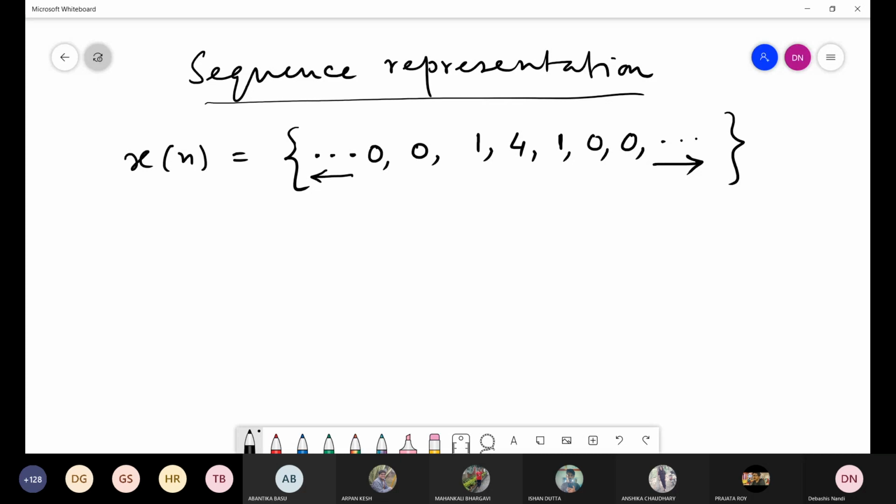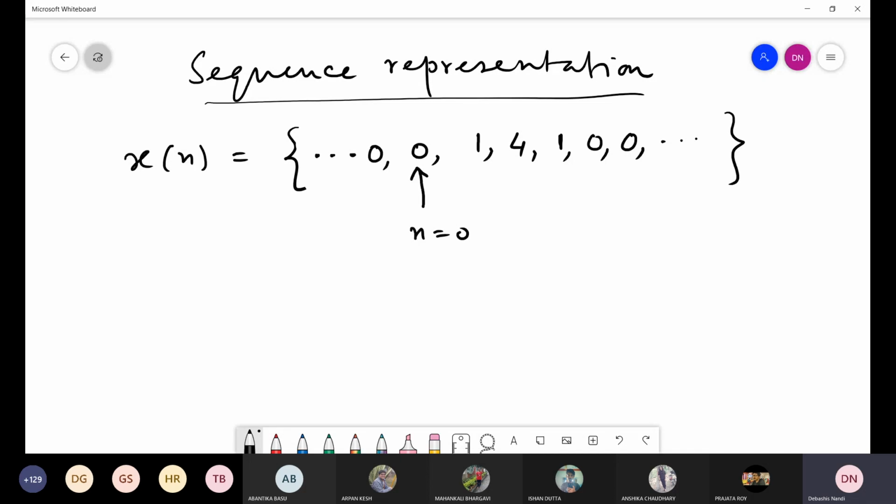Now here I will put some arrow sign to identify the position of the origin. Where is n is equal to 0? If I don't put this kind of arrow sign, it is not possible for you to say what the value of xn at n is equal to 0 is. But if I point here using an arrow sign, then it indicates that this is the value of the signal at n is equal to 0.